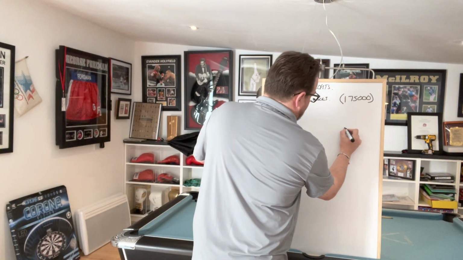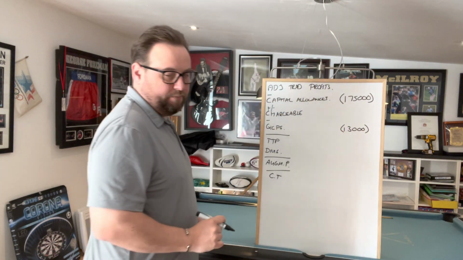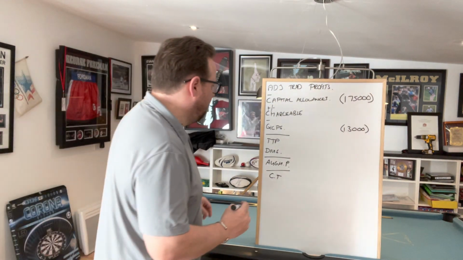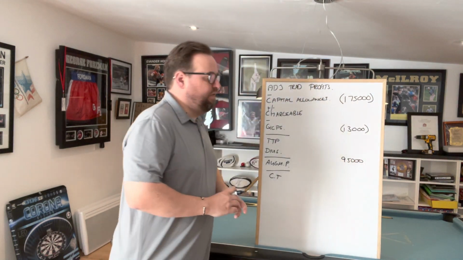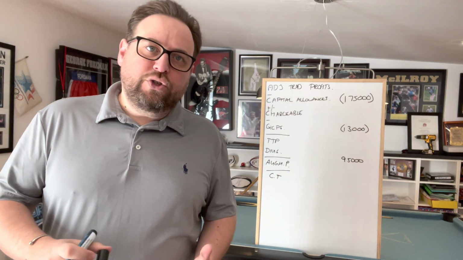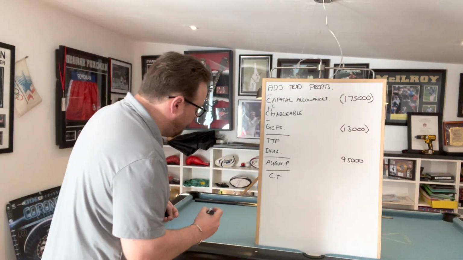QCPs, 13. Dividends, 95. So we have to adjust the profits and calculate the chargeable gains. That's all we have to do in this question. So we have to look at the profits we're given and looking at the information underneath it and decide whether we need to make any adjustments. So we'll do this down here.